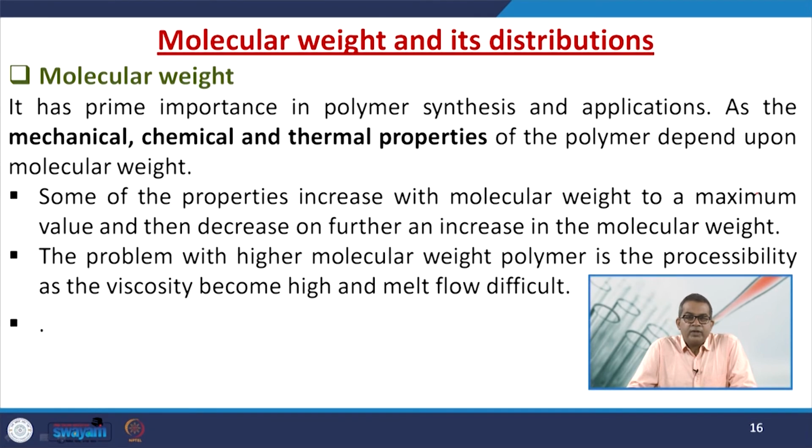So, the molecular weight has prime importance in polymer synthesis and application. Maybe they are attributed to the mechanical, chemical, thermal properties. We will discuss the glass transition temperature, which reflects the thermal, chemical and mechanical property, and this is purely attributed to the molecular weight.